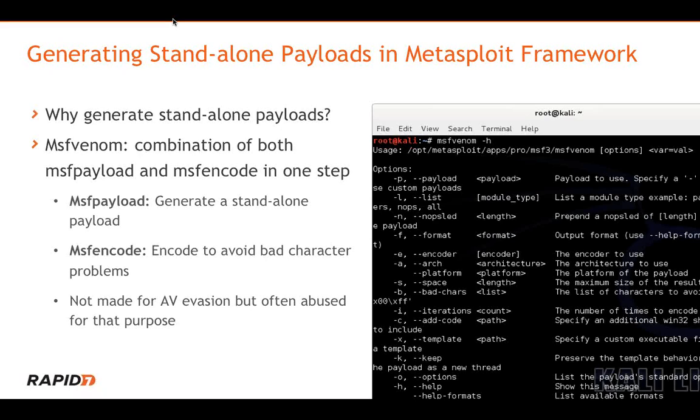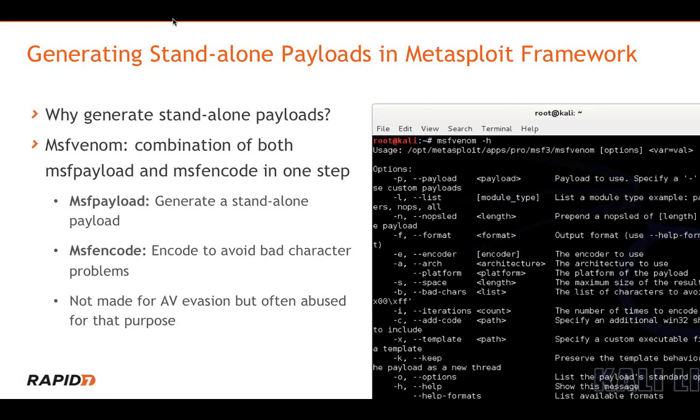But as an advancement over the years, MSF Payload and MSF Encode were eventually combined into MSF Venom, a command line tool that allows you to do it all from one tool. Select your payload, set all the options, add NOP sleds, run your encoder, etc., and do it all from the command line. And you can see here in this screenshot, there's quite a lot of options available.